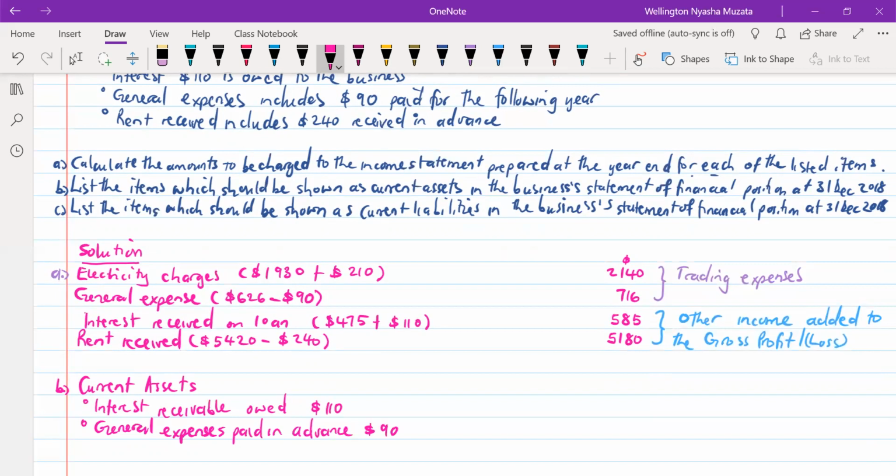We then need to understand that these two are part of what we call other receivables.